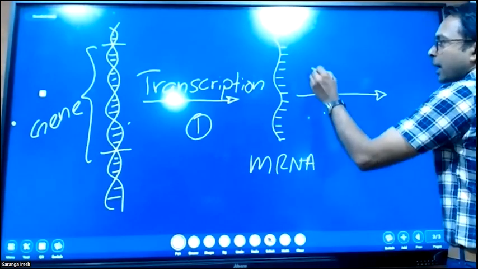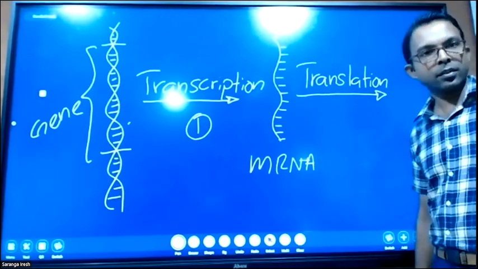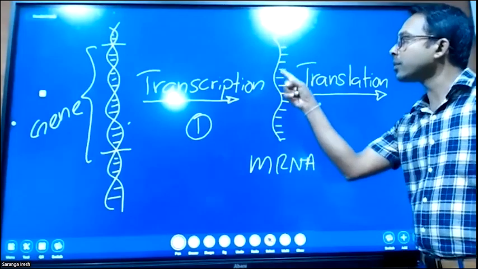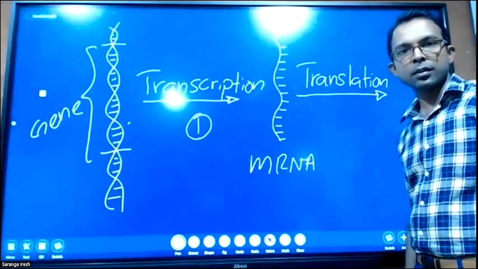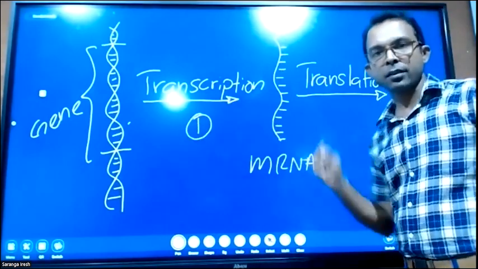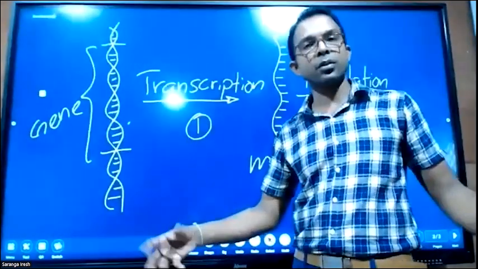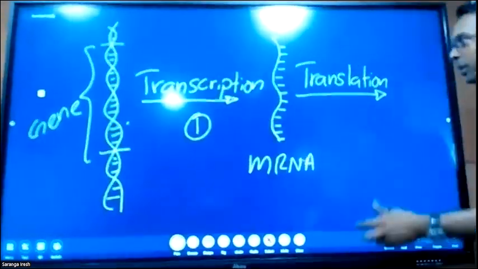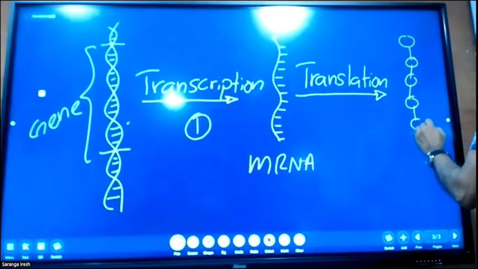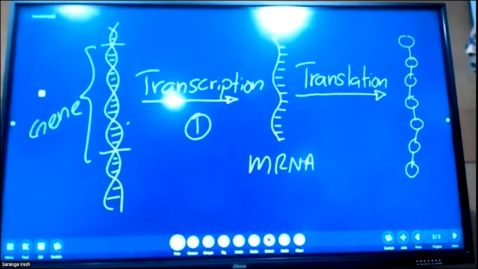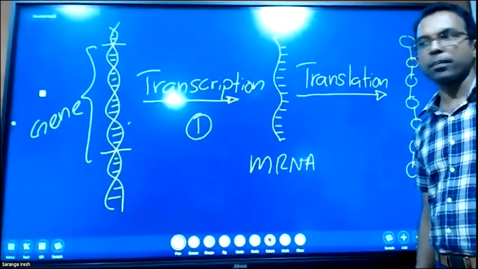The next step is translation. Translation means, according to the base sequence in the mRNA molecule, which is given by the gene, the amino acid sequence is synthesized by the ribosomes. Ribosomes synthesize the amino acid sequence according to the base pattern present in this mRNA molecule.